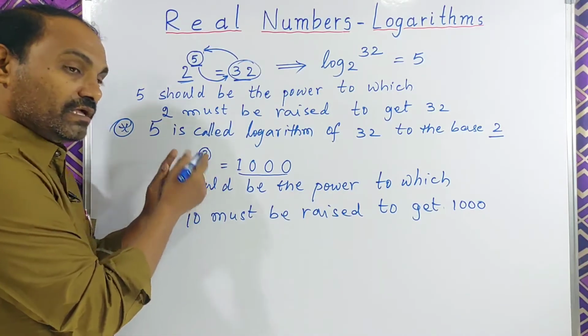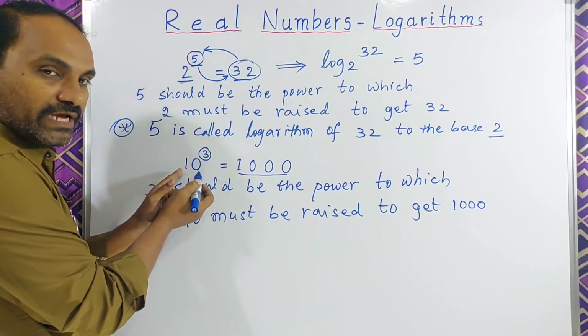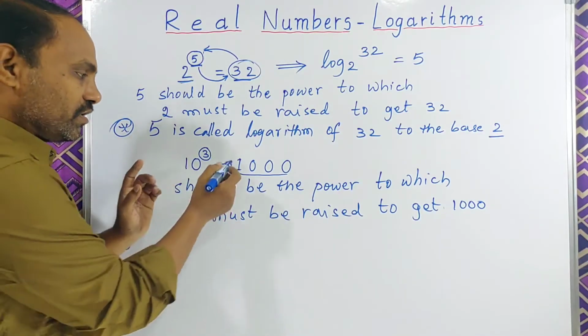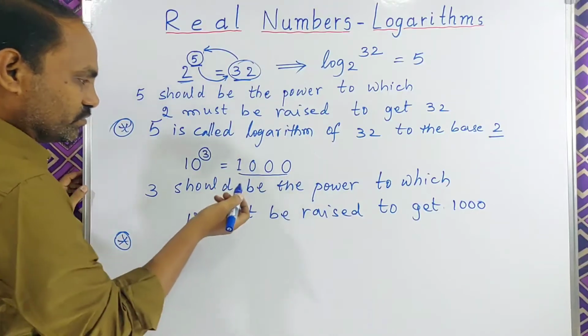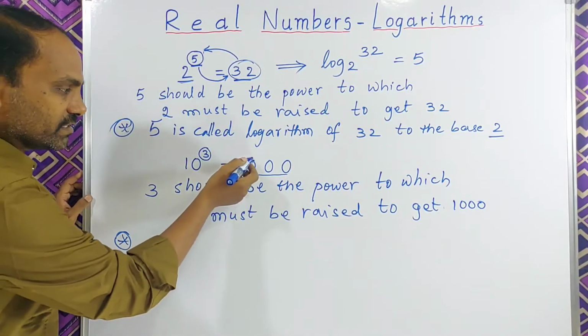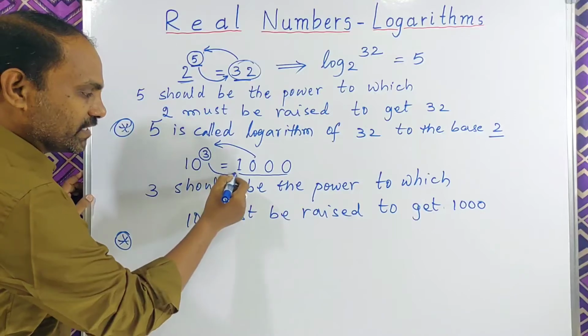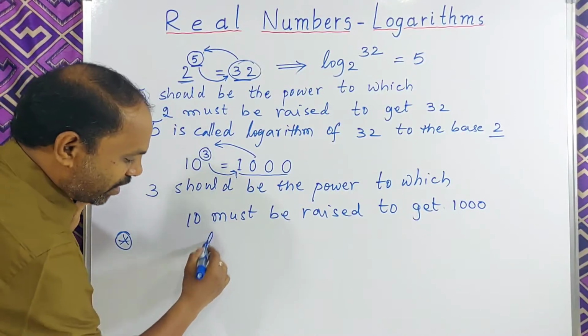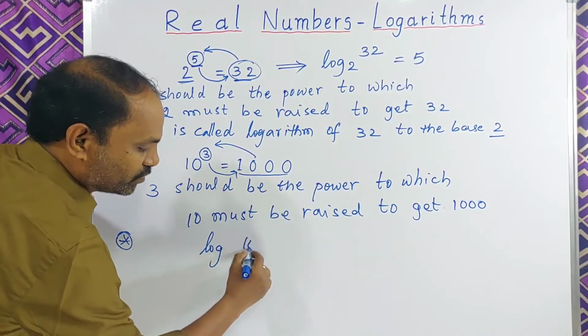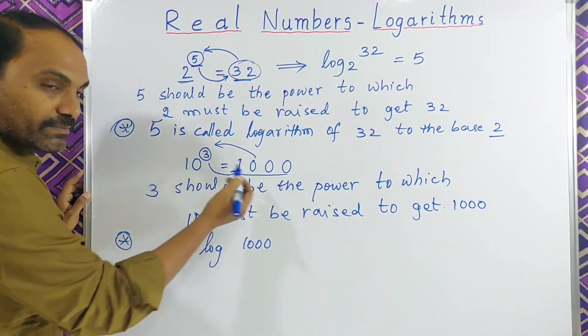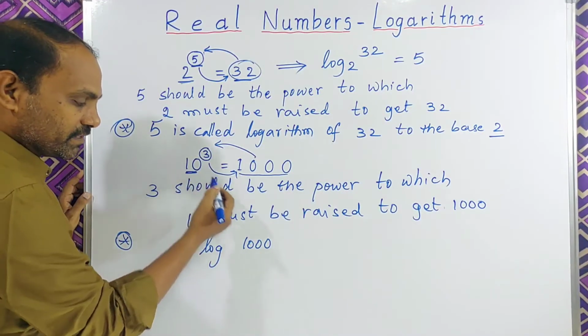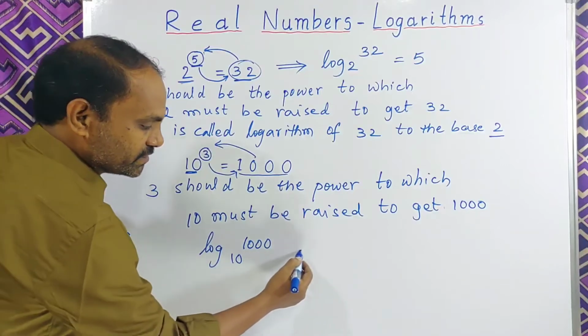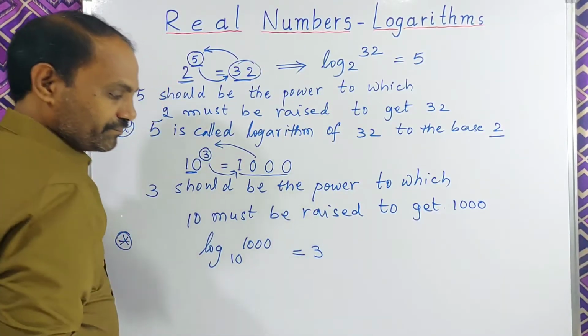This base is written for the logarithm also. So when you exchange these two, how can we write? This one is here and this one is here. Means logarithm of 1000 to the base 10 is equal to 3.